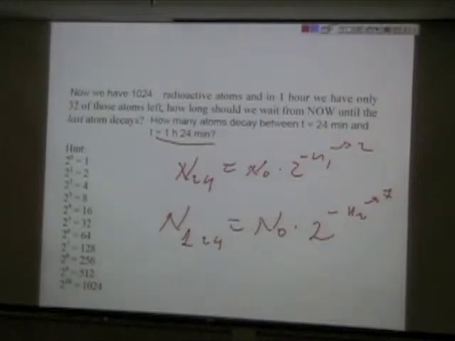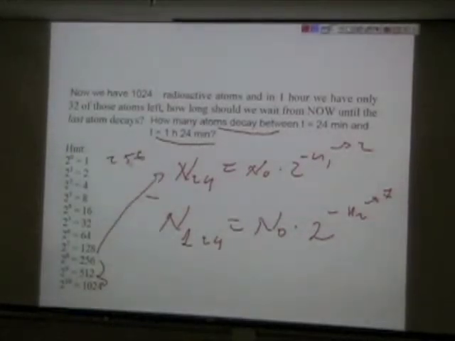Now, how many atoms had decayed? Well, that's the difference between these two. If you wait for 2 half-lives, this is supposed to be 256.